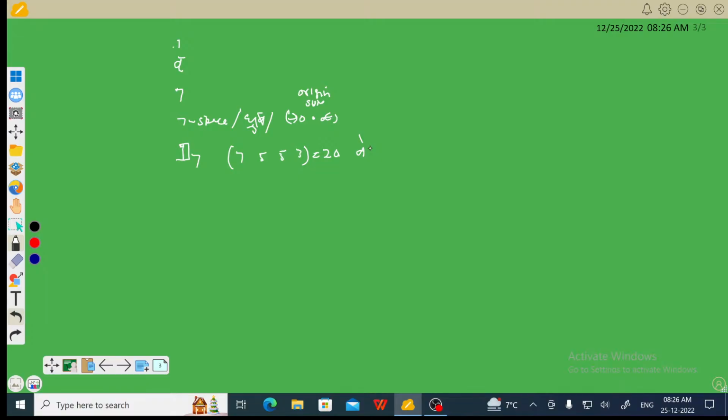Then H7. H7 is 5, 6, 7 and 8. It is 26. It is Devta. This is the domain being covered. Then small h7, it will be 6, 6.5, 7, 7.5.